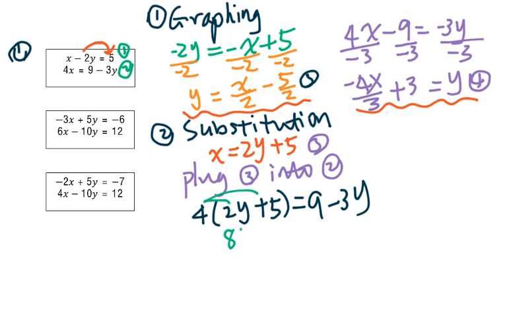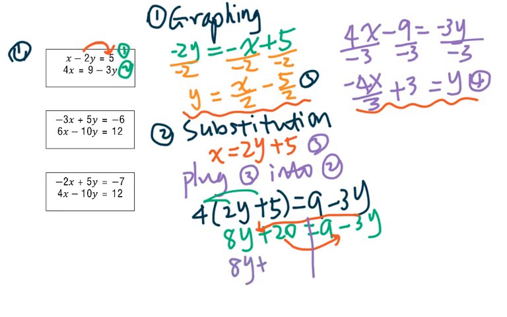I got 8y plus 20 equals 9 minus 3y. Then I move y to this side and 20 to the other side. So I will get 8y plus 3y equals negative 20 plus 9.